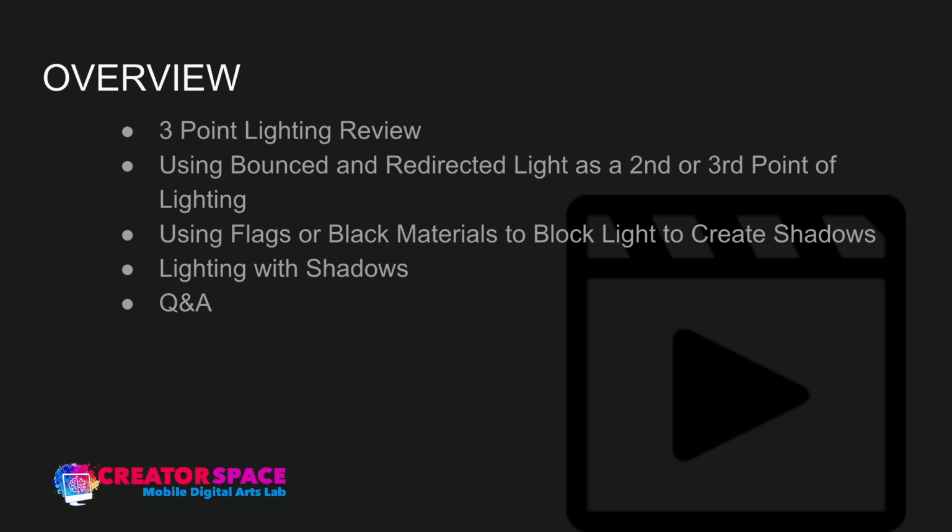How can you do that idea, lighting with shadows? How do you make it work, and how do we go from there? Once we get into these best practices of lighting with shadows, 3-point lighting, 1-point lighting, we're going to call it 1-point lighting that can extend into 2 and 3 points.